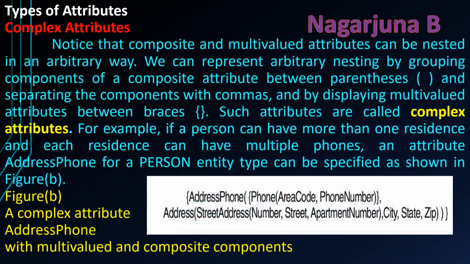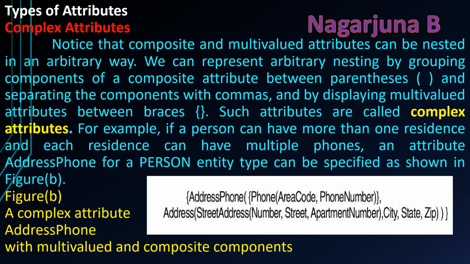Complex attributes. Notice that the composite and multivalued attributes can be nested in an arbitrary way, and that is called a complex attribute. That means a complex attribute consists of composite attributes and multivalued attributes.